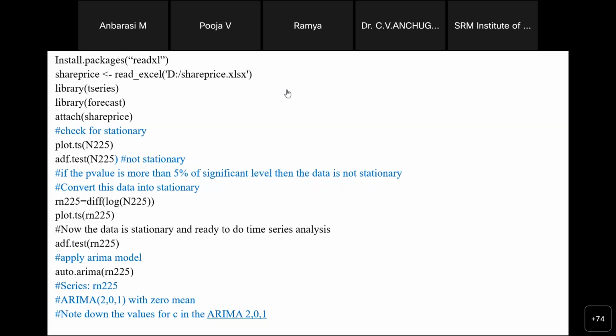Once you have read the packages and downloaded the library files, we have to attach the share price. Once you have done that, the next step is to check whether the data set is stationary or not, because before applying the ARIMA model we have to check this.